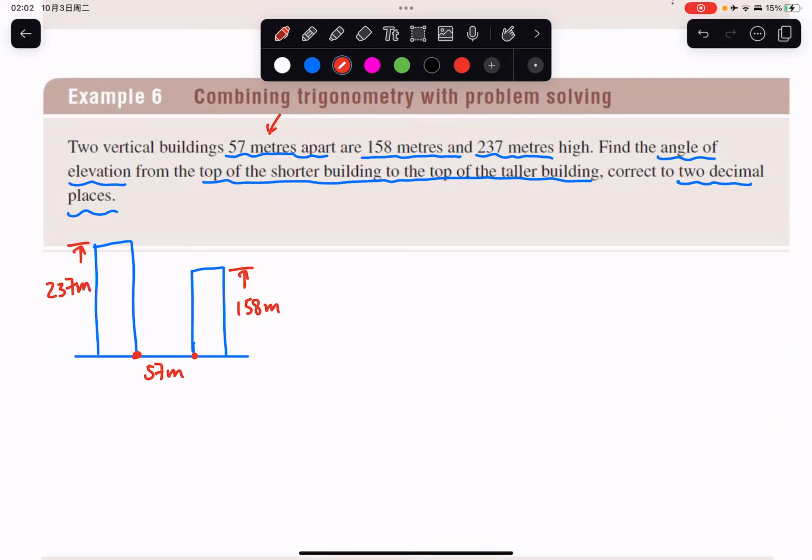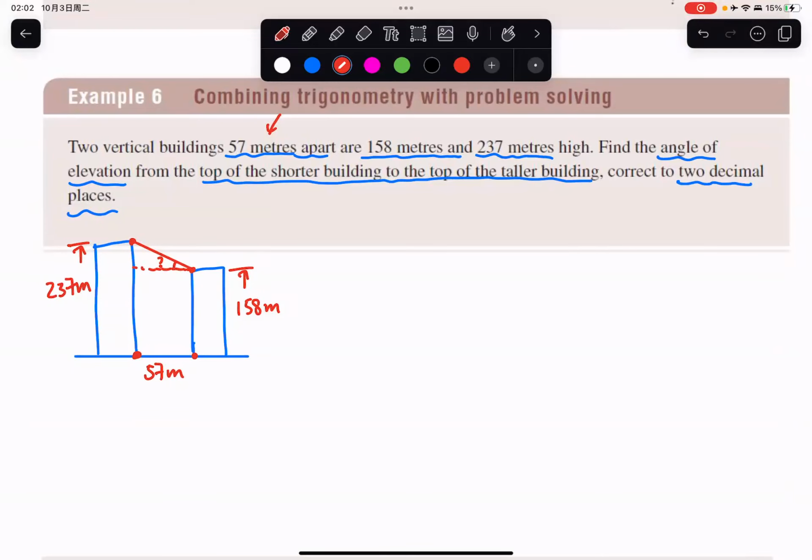Now they said from the top of the shorter building to the top of the taller building. So this one to here. Now I'm going to connect them. You can see we don't have a horizontal, so I'm going to draw one. Now it's asking for that one.